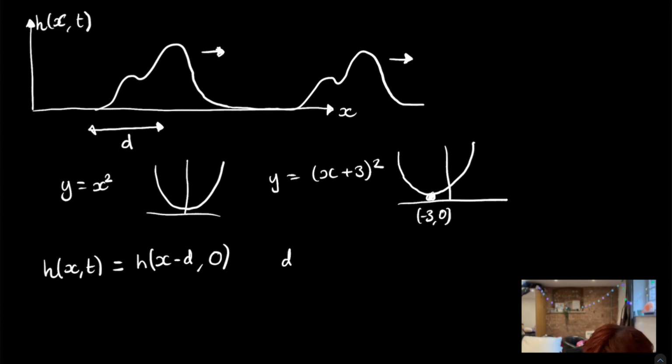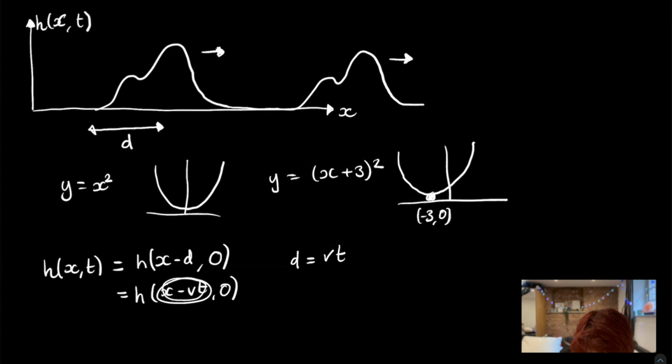But what is this distance d? Well, we can just express the distance as equal to the product of the velocity of the wave, because we said it's traveling at constant velocity, times the time elapsed. So this is equal to h of x minus vt at time equals 0. And what we've essentially done is changed this function from being a function of two arguments, x and t, to just being a function of this x minus vt variable right here, which is only one variable essentially.